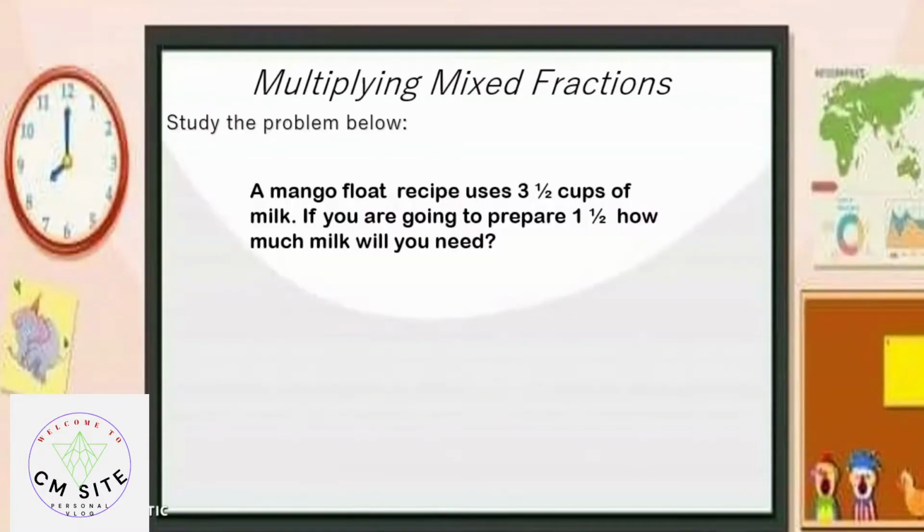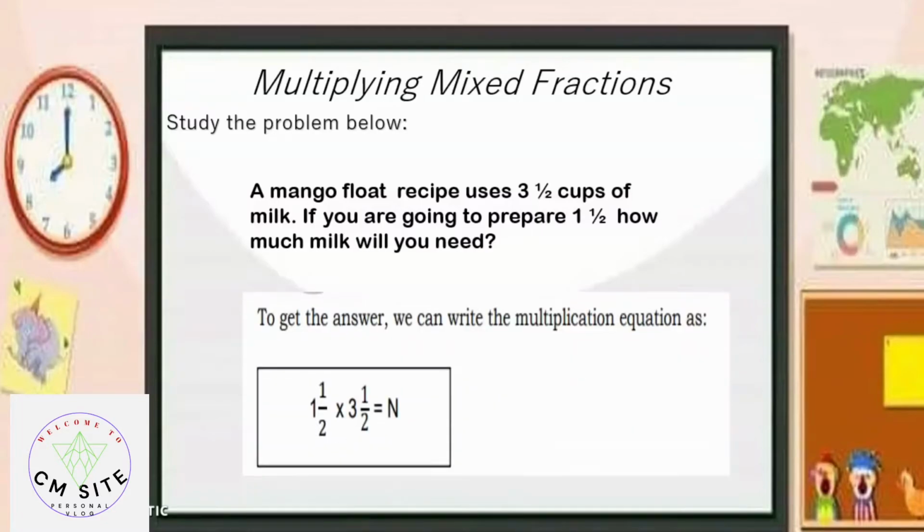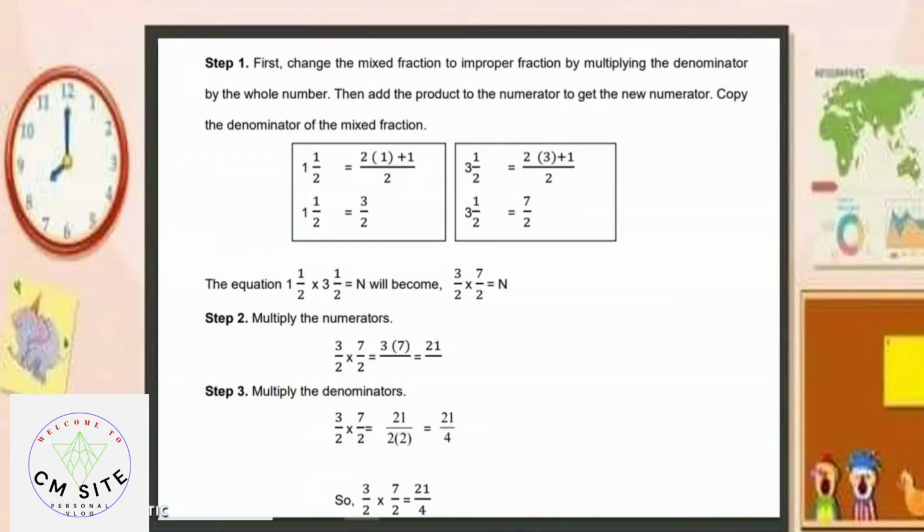Let's multiply the numerators and denominators. We have here an example of multiplying mixed fractions. We can write the multiplication equation as 1 and 1/2 times 3 and 1/2 equals n. The steps in multiplying mixed fractions. First, change the mixed fraction to improper fraction.